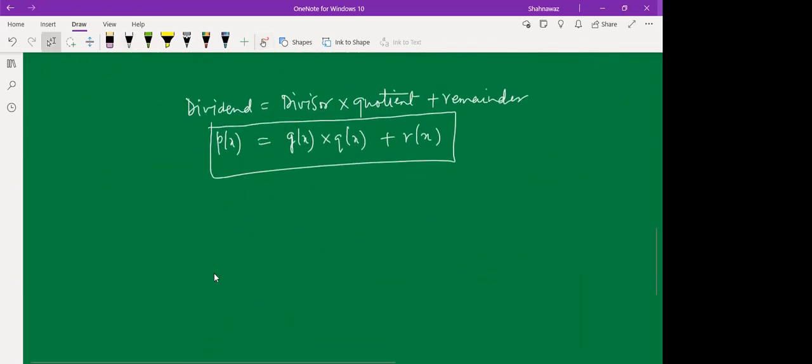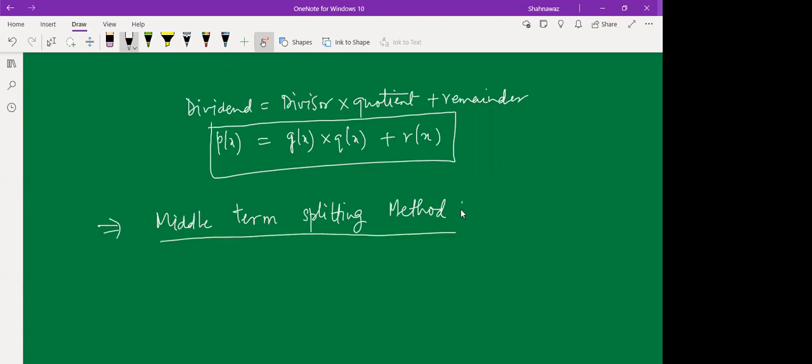Now I will do some numerical questions, but before that I want to talk about the middle term splitting method.